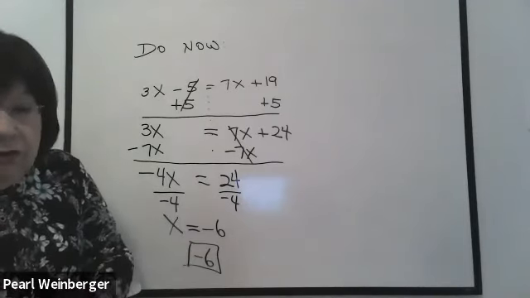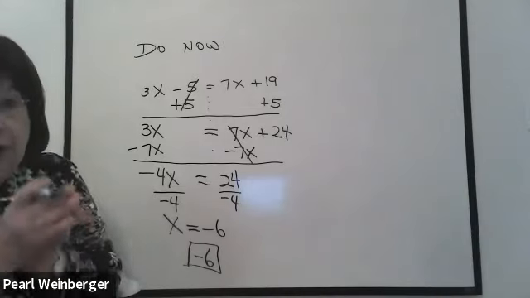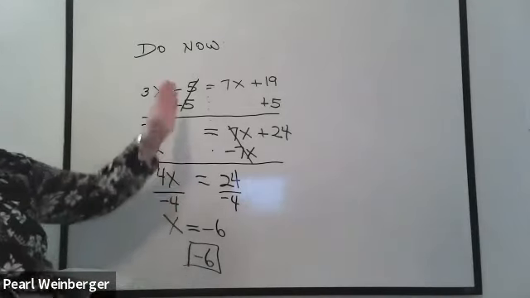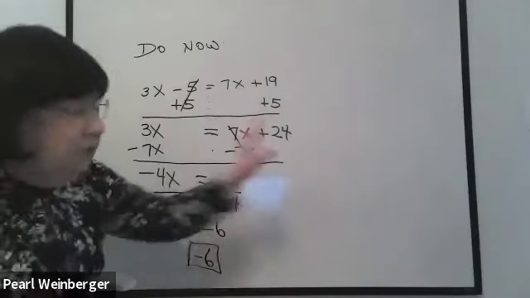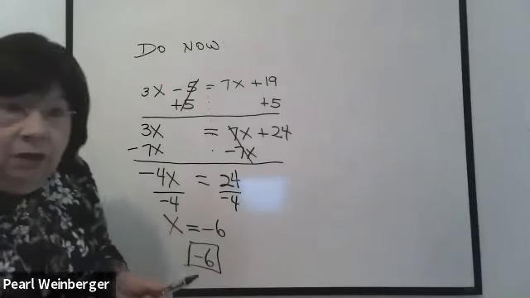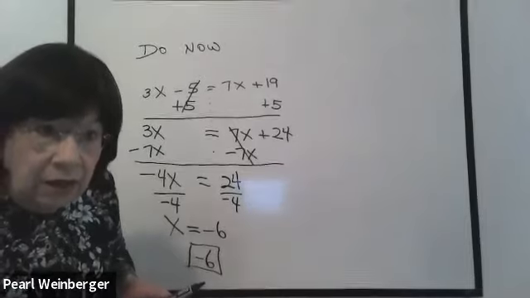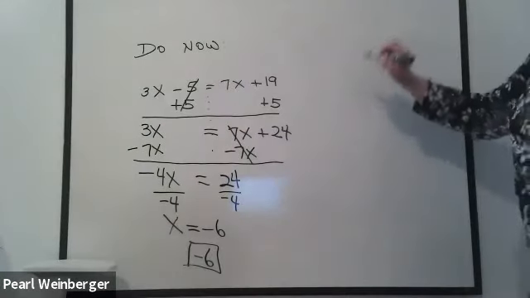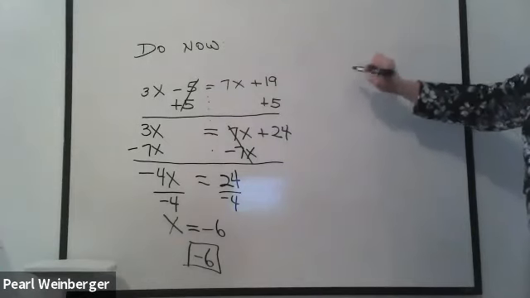The way you do this is you always want to end up having the x's on one side and the numbers on the other side. Don't take everything away from one side. Are you following what I'm saying? Yeah.